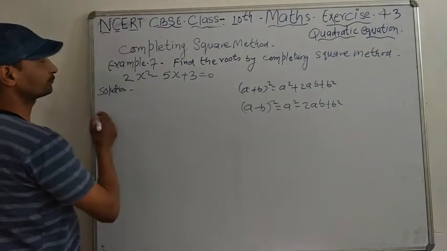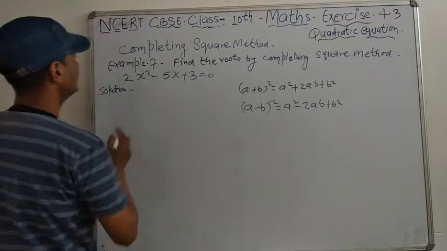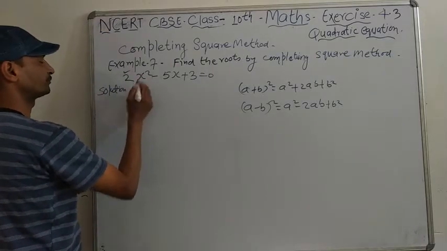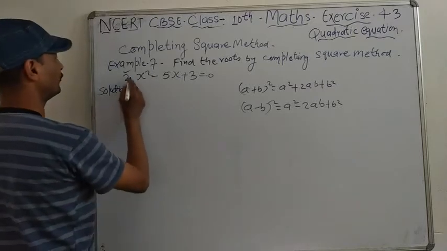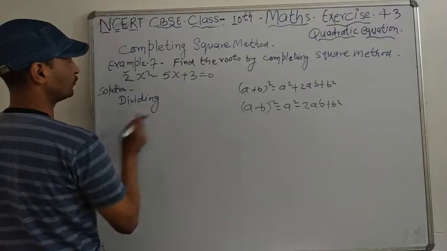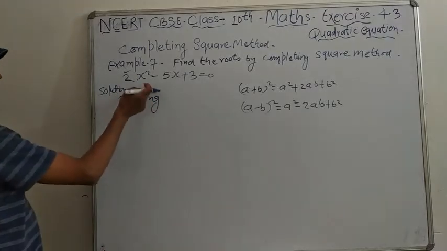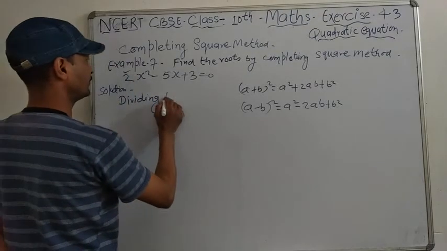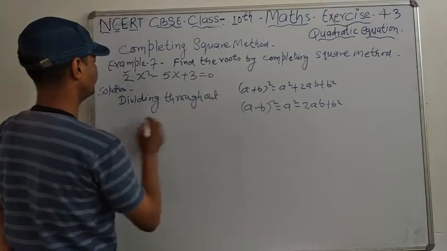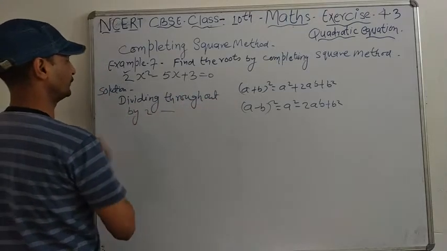Then what do you do? First of all, this should be removed. How to remove it? By dividing. The coefficient of x square must be 1 here. So divide throughout by 2.